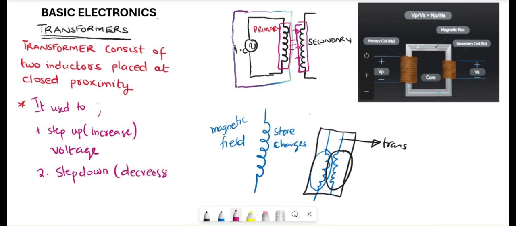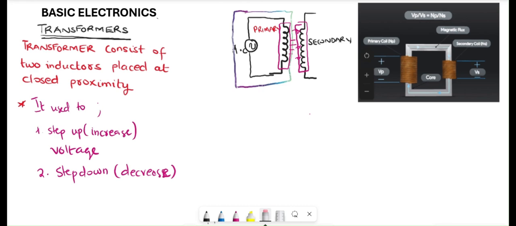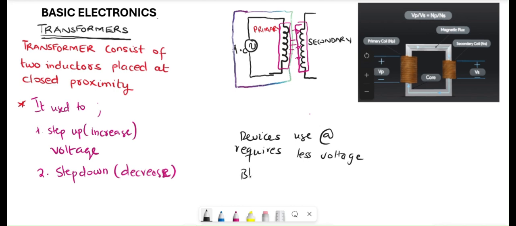So there are some devices, let's take your home for instance, that require less voltage, such as your blenders, your mobile phone chargers and those basic devices.